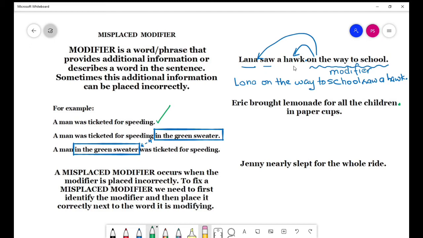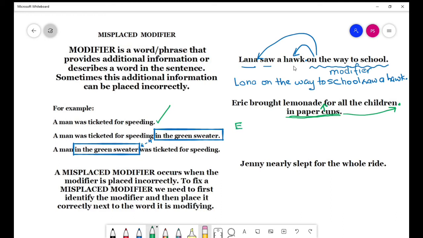Now, the additional piece of information here is in paper cups. But what was in the paper cups? As of now, it seems like the children were in the paper cups. But we all know that it's actually the lemonade that's in the paper cups.